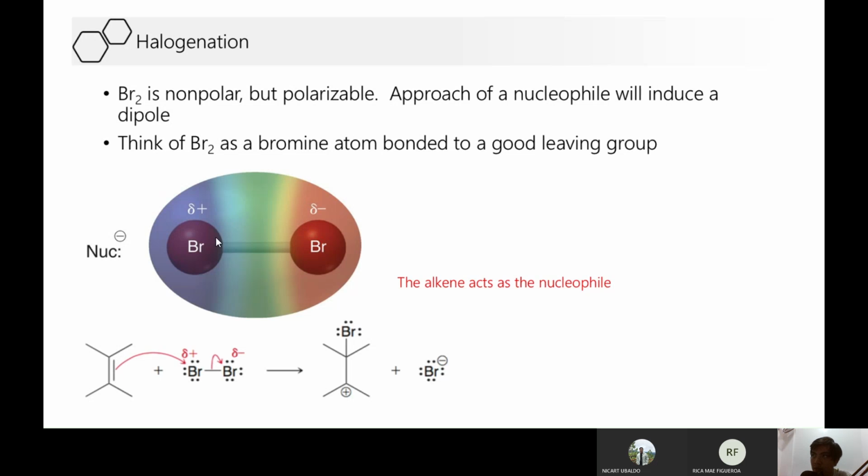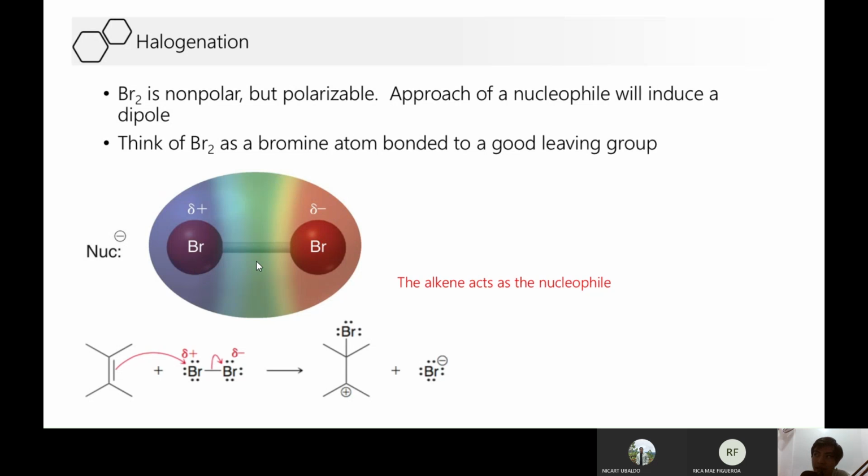Kapag dumikit yan sa iyong halogen, ano mangyayari? The electrons of your halogen will be polarized. Meaning ng polarized ay matutulak papunta sa gilid, no? So when that happens, yung electron na pupush papunta sa isang side ng molecule, magiging dipole itong molecule mo.